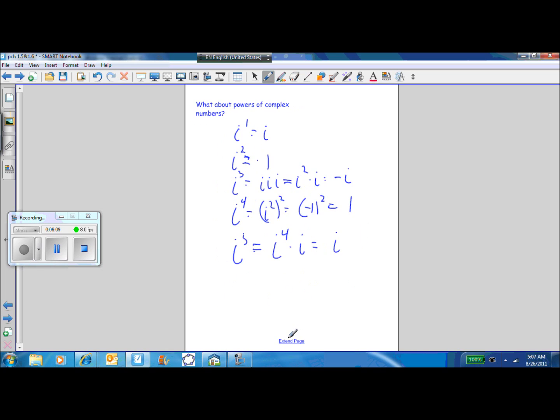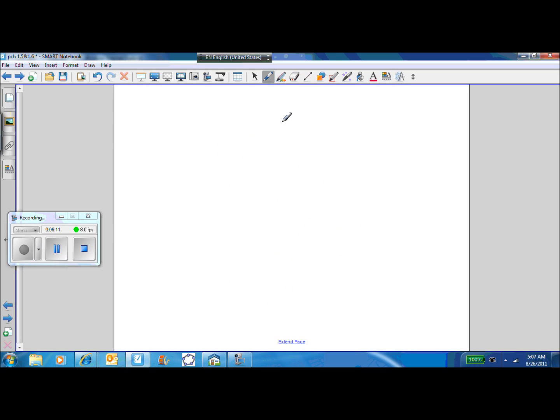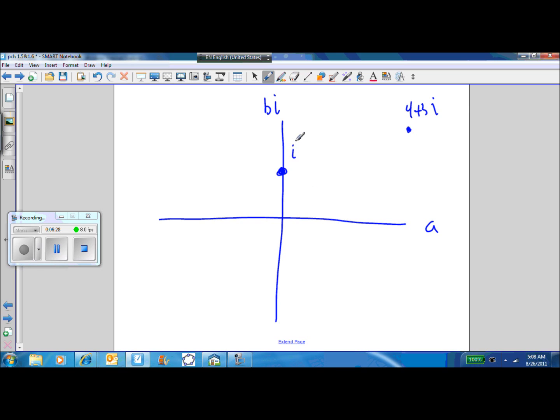And you can really see the pattern if you put it on an Argand diagram, where this is the real axis and this is the imaginary axis, and you have a number out here like 4 plus 3i. But we just did the powers of i. Here was i to the first, and here was i to the second. Here's i cubed.